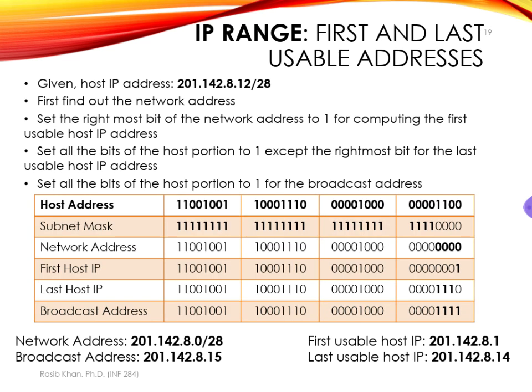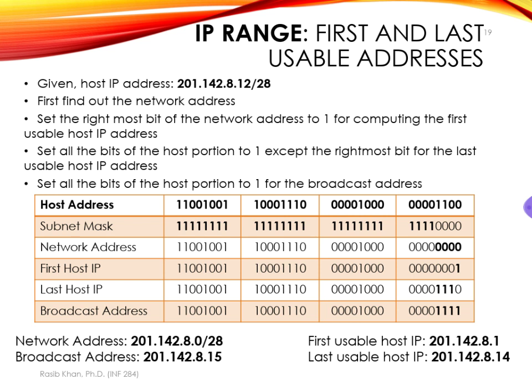All right. So now we will look at a bit more of the calculations and some more information that we can extract from an IP address. What we're looking at are basically the first and last usable addresses for hosts that we can use for a given network.